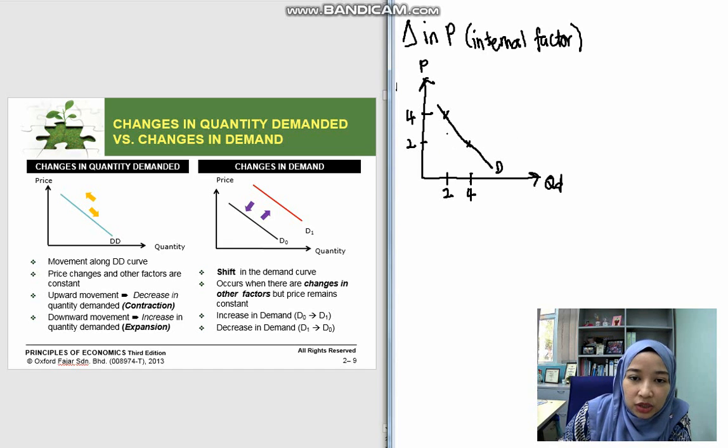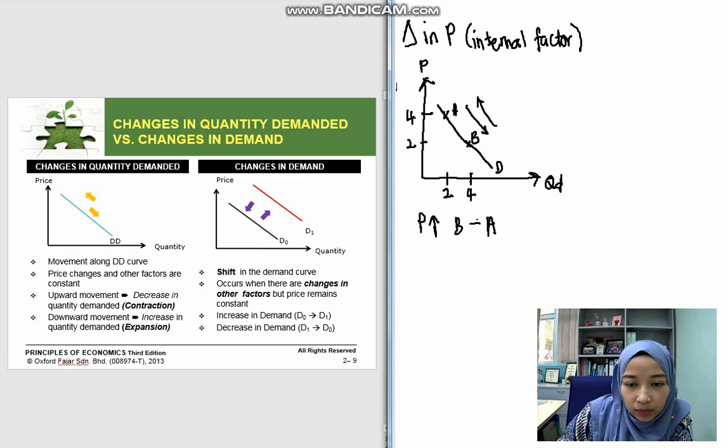So this actually shows that when there is a change in price, there will be a movement from point A to point B, or from point B to point A. Okay, so if price increase, the movement will be from point B to point A. Okay, if price decrease, there will be a movement from point A to point B.